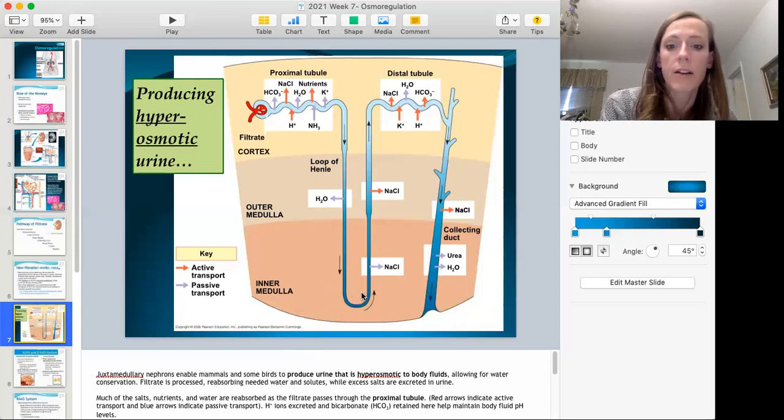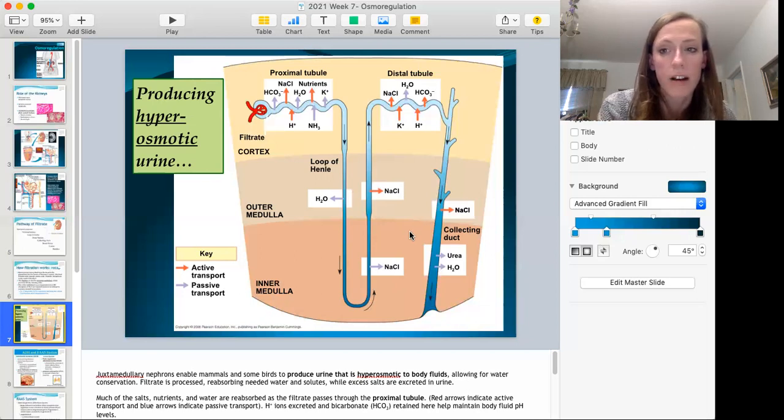And then as the filtrate rounds the corner here and moves into the ascending limb, this portion does not have a lot of channels for water, but instead has channels for salts, for solutes. So there's going to be a little bit of passive movement of salt, just again because of osmosis, because there had been a lot of water exiting here.